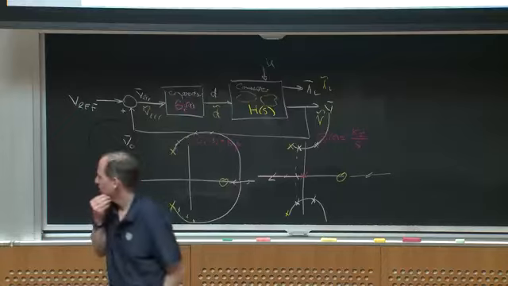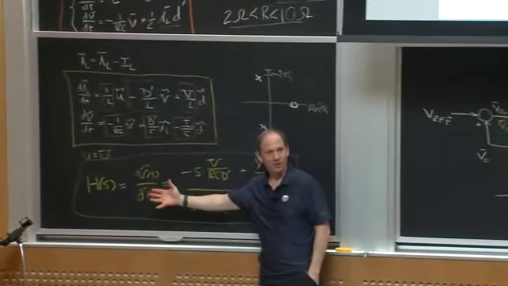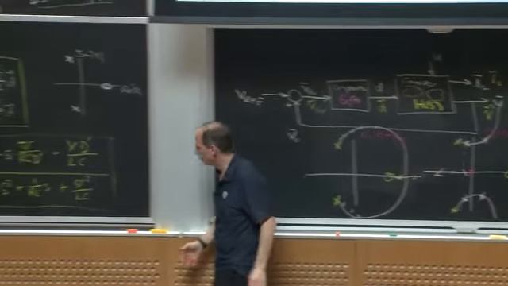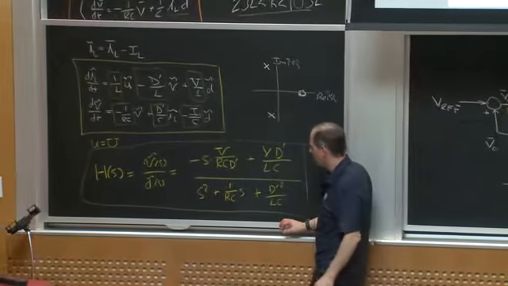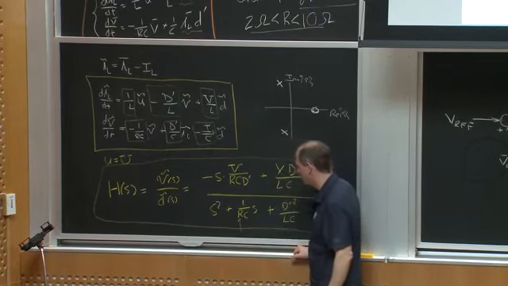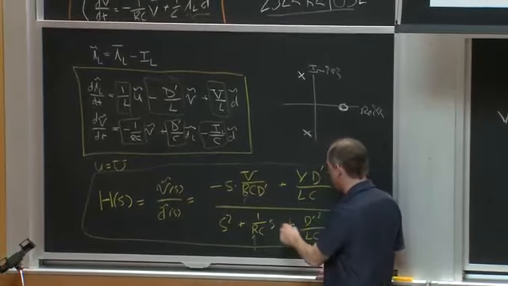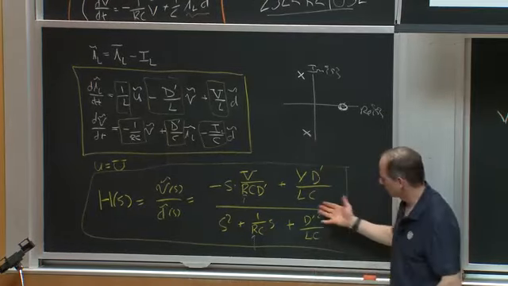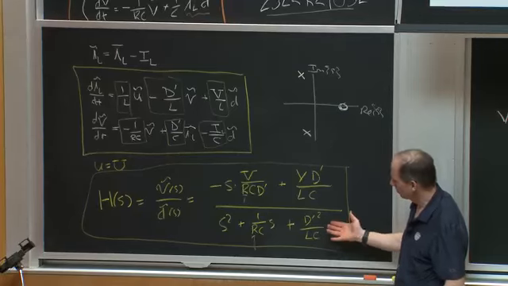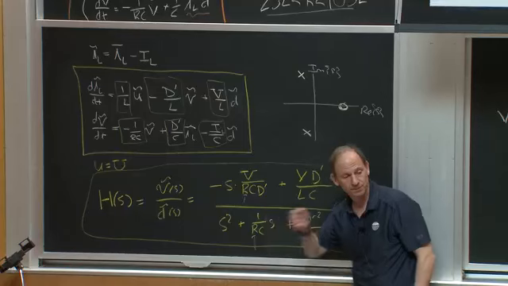Firstly, we got to remember that this transfer function varies with operating condition, right? So if I'm at a different value of load resistance, I'm going to have a different 0 location, and I'm going to have different pole locations. This doesn't show very cleanly except that it's in this term, which actually relates to the damping, okay?